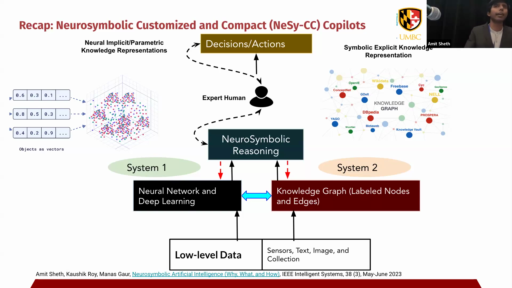For customization, again, knowledge graphs are useful because customization means that you have to take your data, evolving data, and update your data structures. So a knowledge graph lends itself nicely to this kind of dynamic evolution. If you have, let's say, a higher order type of logic, then it's brittle. It's not a very dynamic structure to update easily. Finally, for the neurosymbolic part, there's a very rich body of work on integrating knowledge graphs and neural networks.